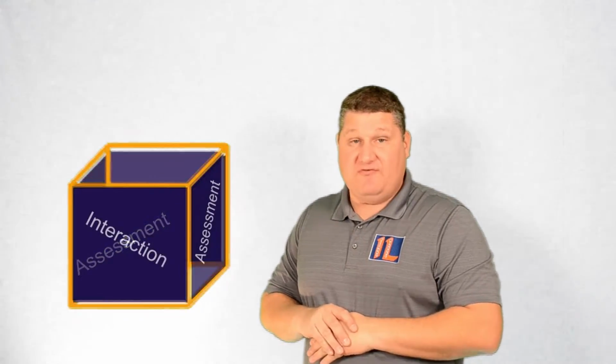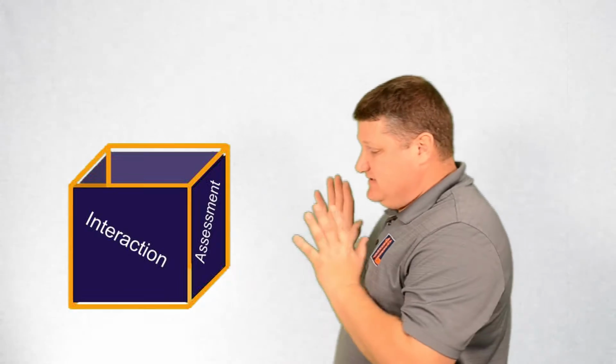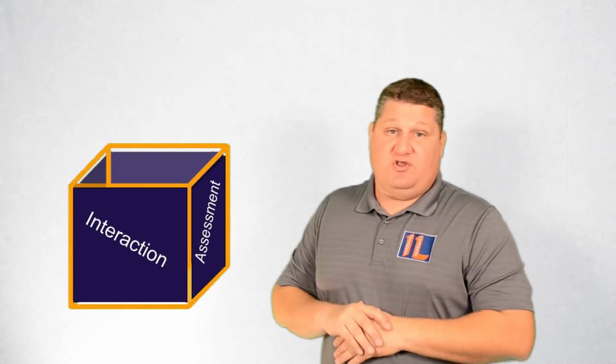We also have interaction, and that needs to be an entire another face of our cube. And that's interaction, because learning cannot happen significantly in a vacuum. It needs to have a group element to it to be truly effective and to be truly efficient.